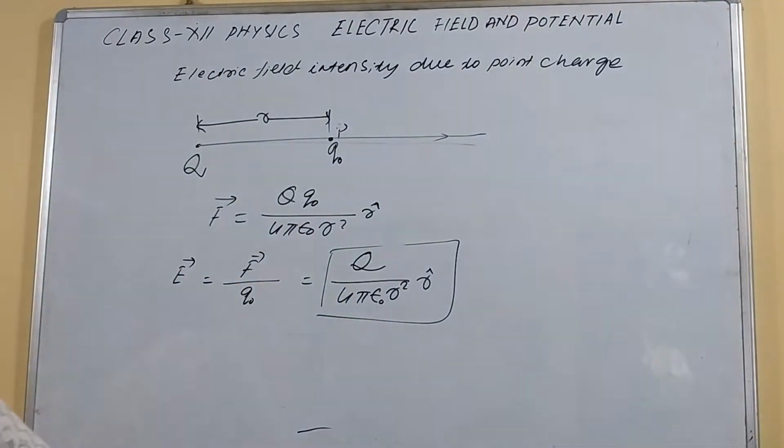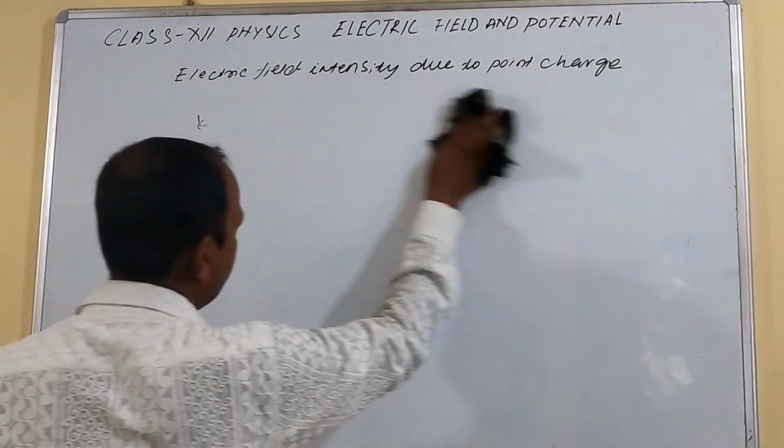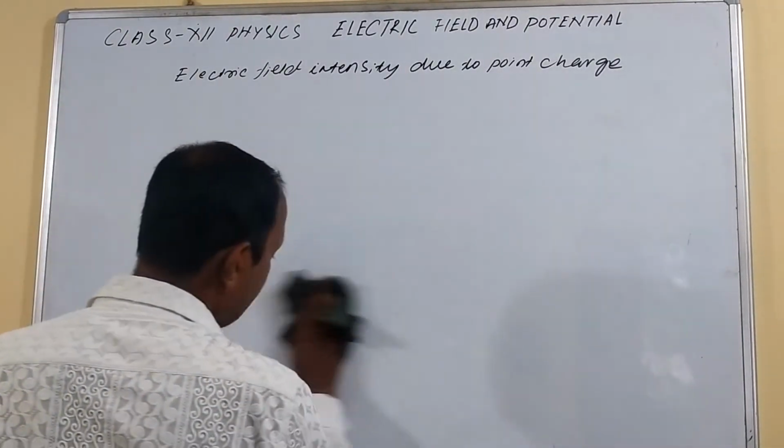Suppose there is a set of charges. How to find the electric field?